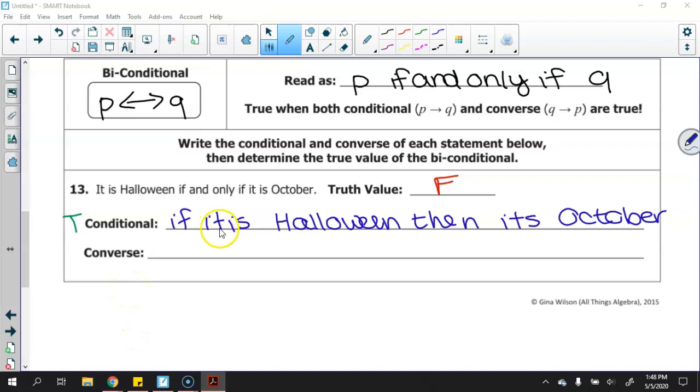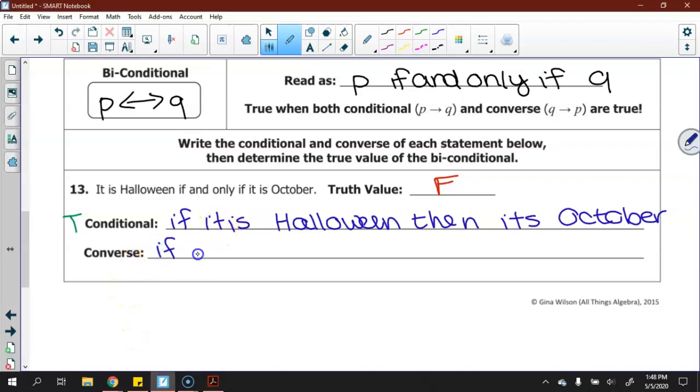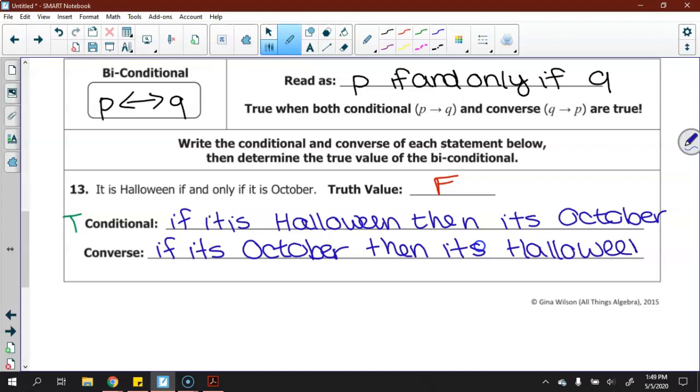So now it's going to be, if it's October, then it's Halloween. This one's false. That's what screws up your whole biconditional, is because one of those is false.